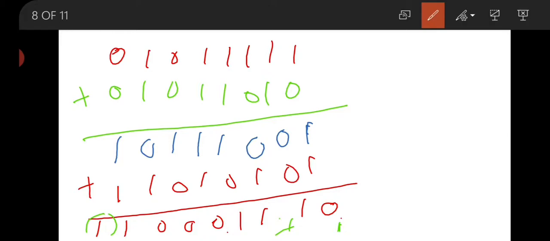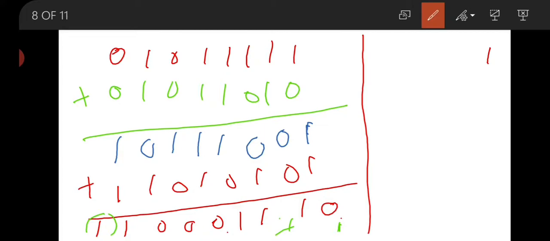Now our final data will be our final sum. What will be the final sum? Now if we add this 0 plus 1, there is no change in the other bits.